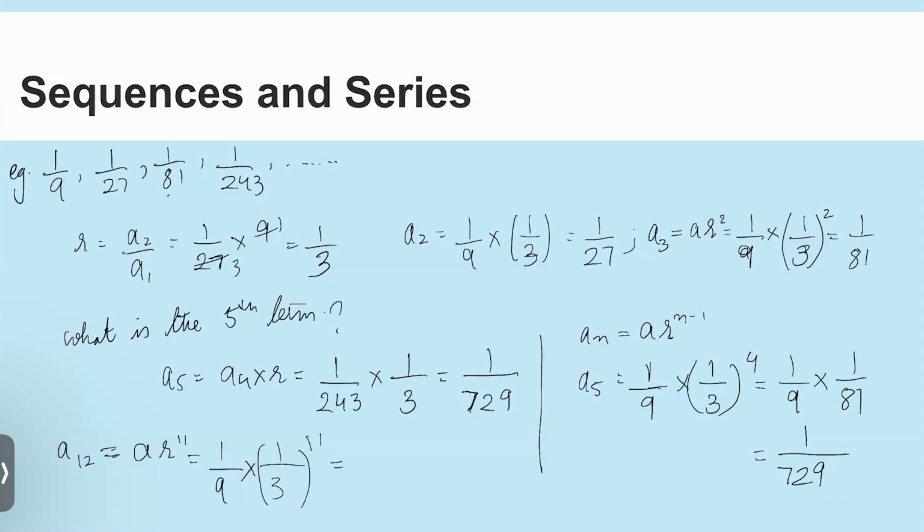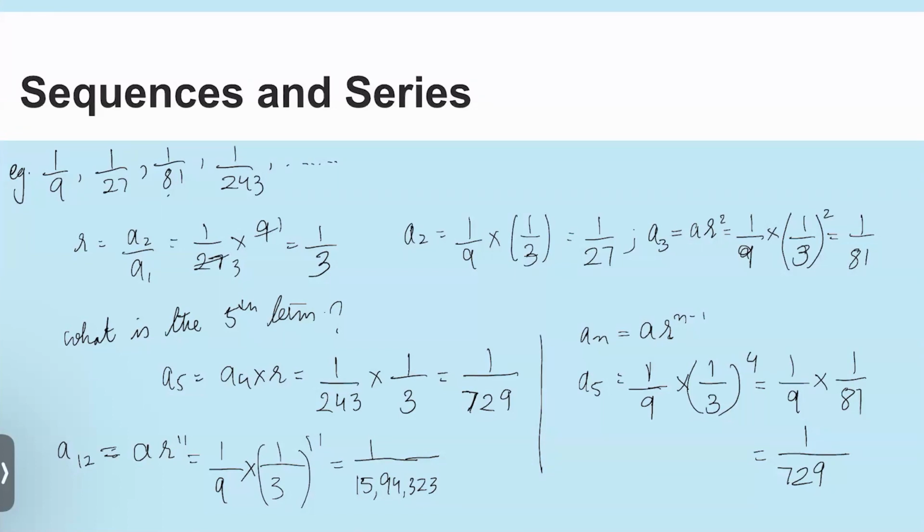Okay, so your 3 raised to 11 would be, this actually then gives you 95. Yeah, so this would be actually a very large number. So, okay, this is how you can find any nth term for your geometric progression.